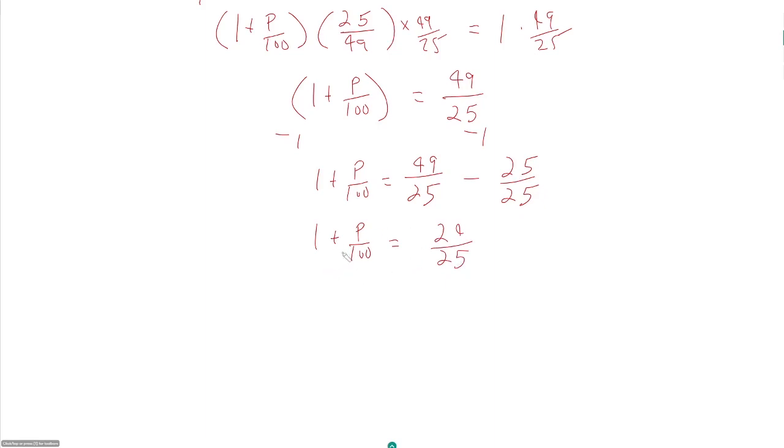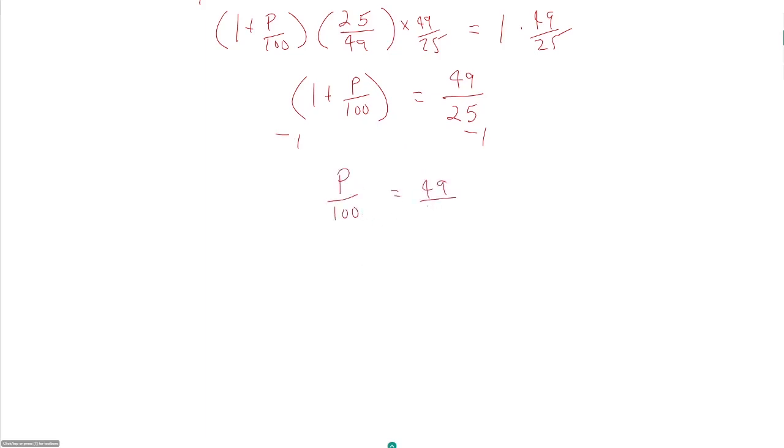And then, I'm sorry. Once I subtract this 1, I'm left with just P over 100 on my left side. And so P over 100 is equal to 24 over 25.